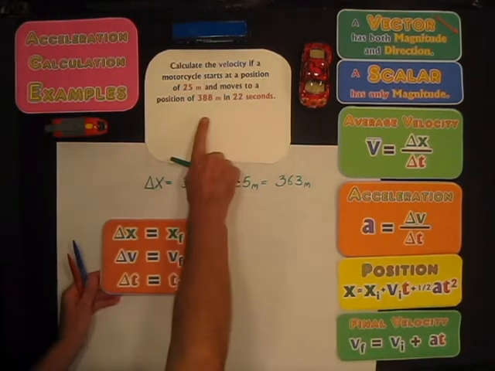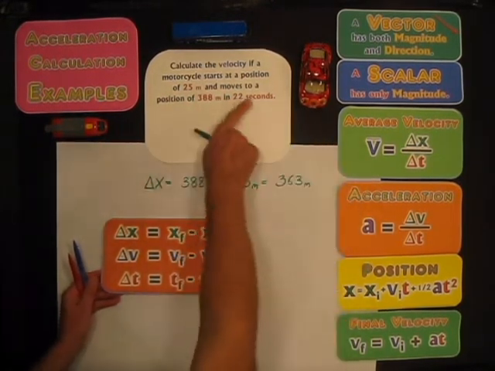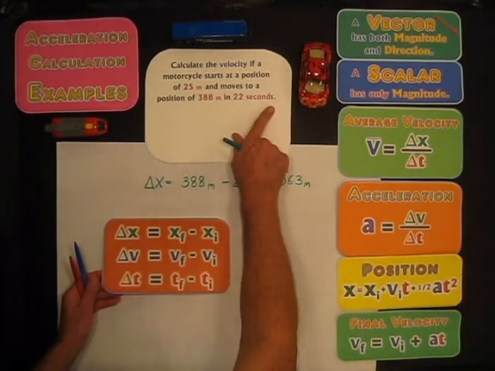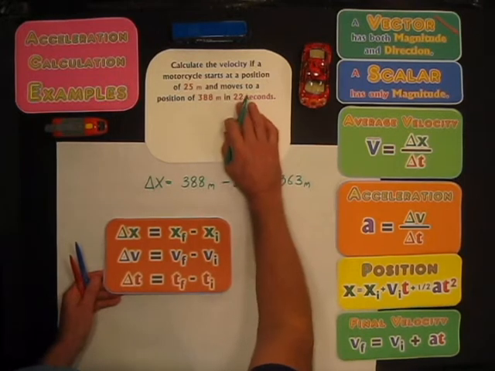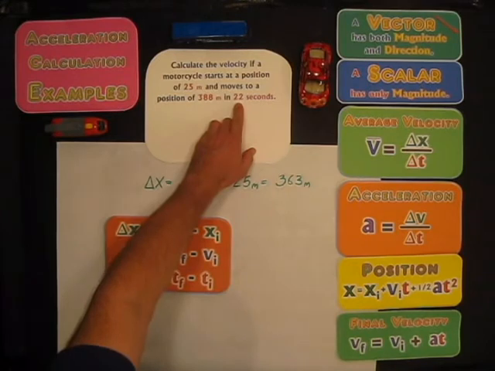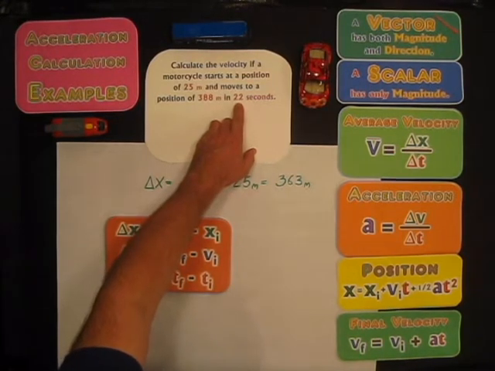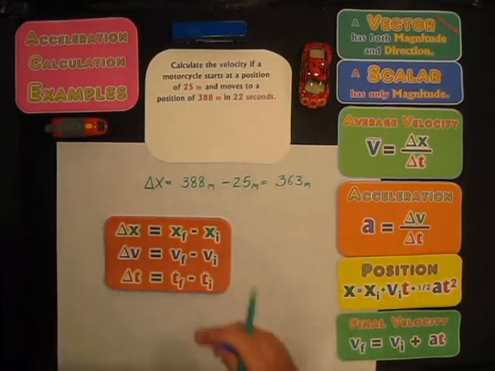Well, we're assuming here that we're starting at time equals 0 because it says in 22 seconds. So no matter where we started, we're winding up 22 seconds later. So we're assuming we're starting at time equals 0 seconds and ending at time equals 22 seconds. Or actually, we could have started at time equals 100 seconds and ended at 122 seconds.